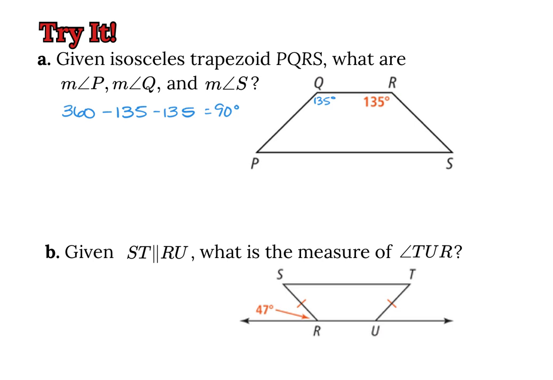That 90 degrees is for the measure of angle P and S. So I'm going to take that 90 degrees, divide it by 2, which would get me 45 degrees for the measure of angle P and the measure of angle S. So that means that the measure of angle Q is 135. The measure of angle P is 45, and the measure of angle S is also 45 degrees.